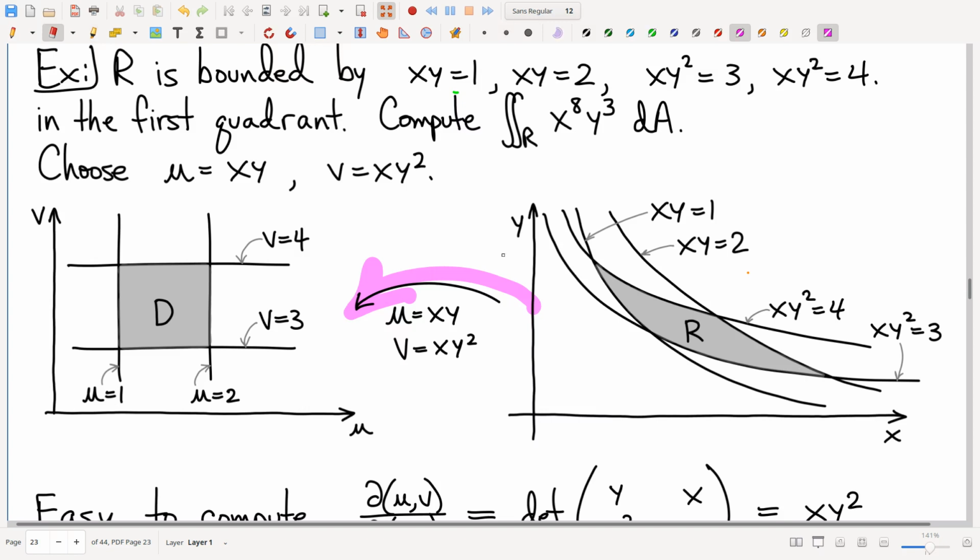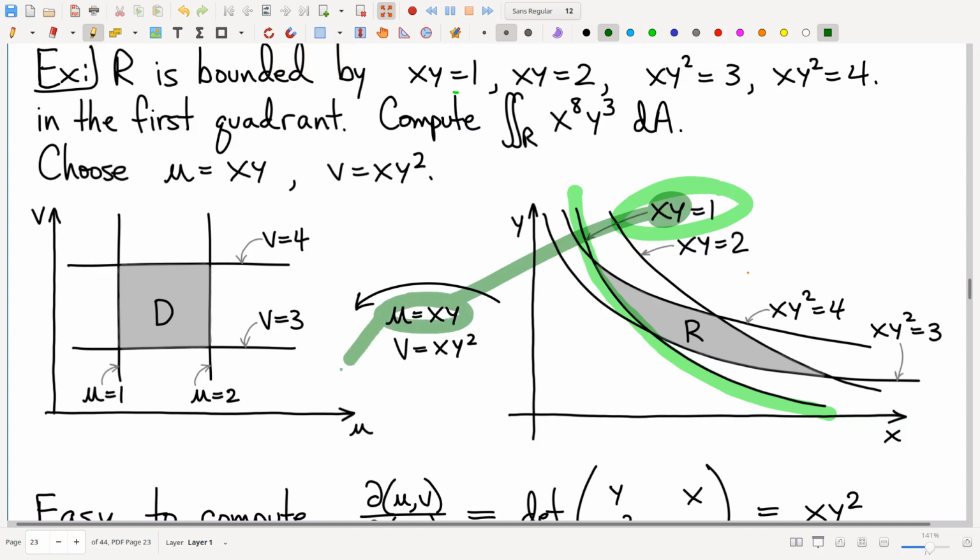Here's where it gets beautiful. Let's think about one of these curves, such as that one right there, xy equals 1. What does its image look like over here in the UV plane? Well, xy is u. So that curve that was xy equals 1 is now just u equals 1.